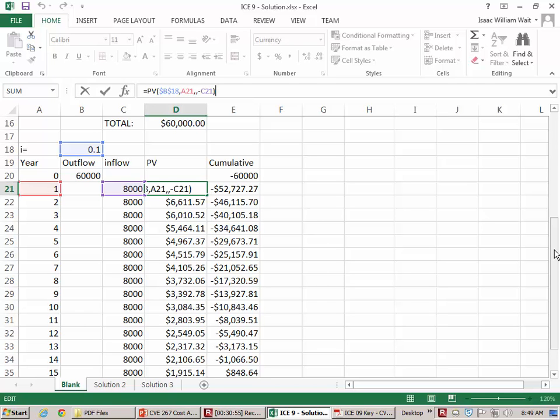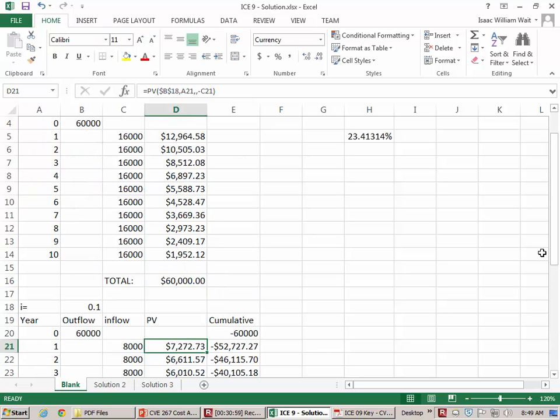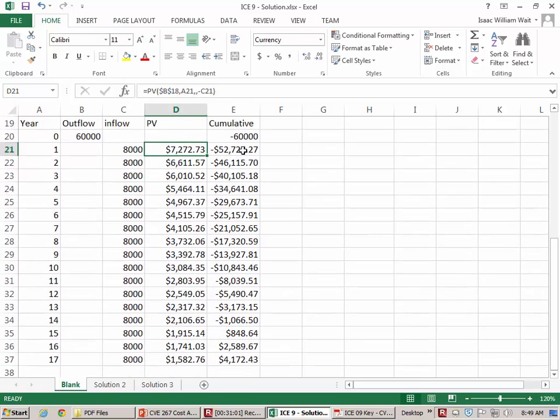That's the purpose of the PV column. Then the cumulative is like a running total. How much unrecovered investment does the contractor have? Starting with the $60,000, and then everything after that, you're just combining the previous year with the amount that came in that year. And so you can see the debt is gradually going down, down, down, and then finally, in year 15, the contractor is recouping the original investment.